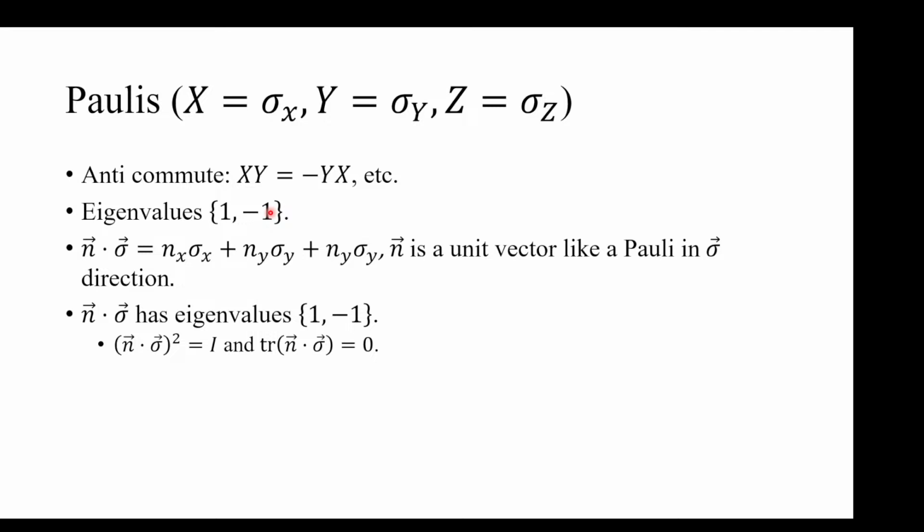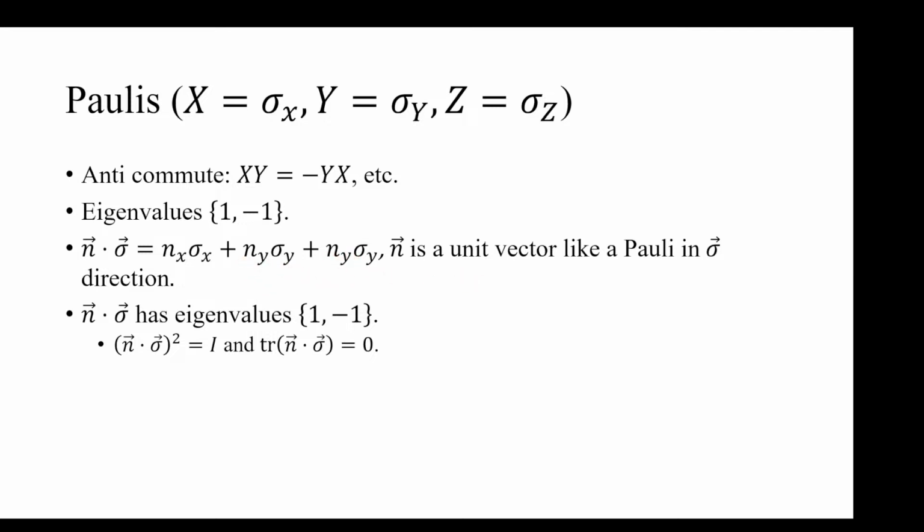We also have Paulis in different directions. If you have a unit vector n and take the inner product with the sigma vector, that means you have nx times sigma x plus ny times sigma y plus nz times sigma z.